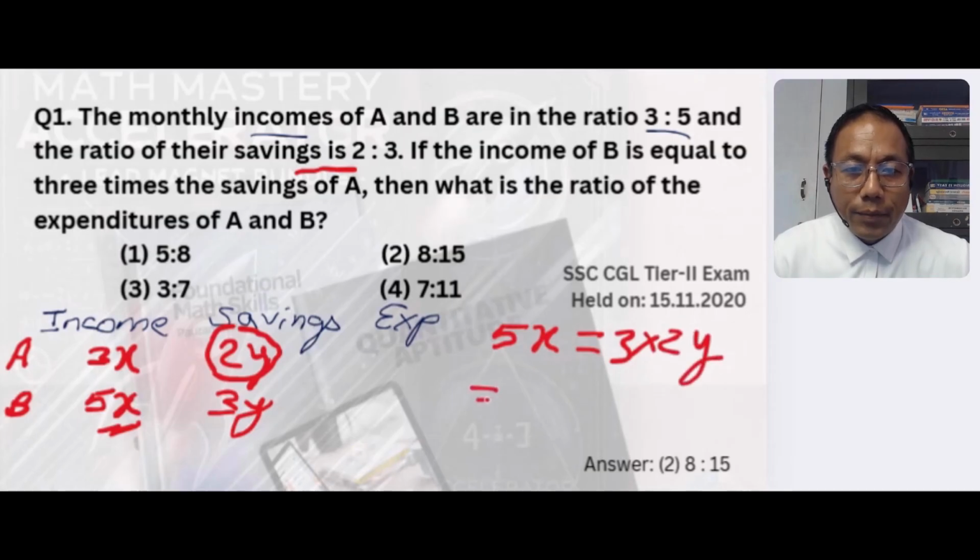Cross multiply: x by y is equal to 6 by 5.